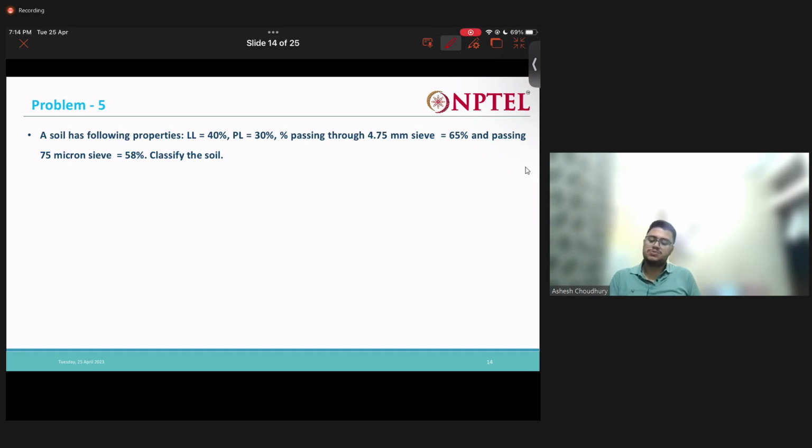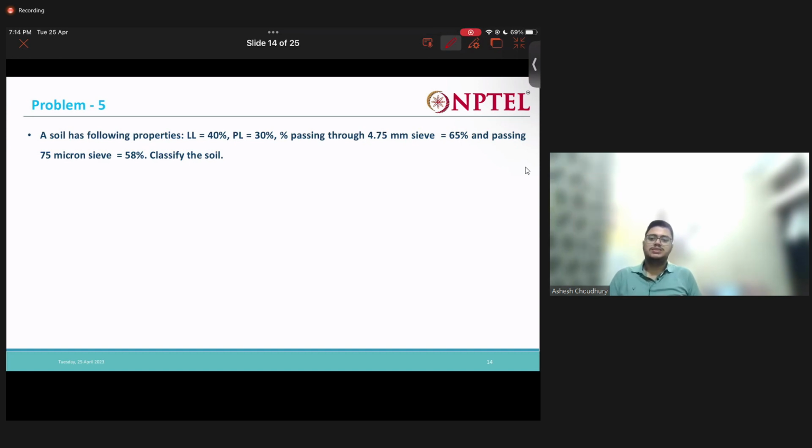If the size is more than 4.75 mm, then it's gravel. Between 4.75 mm and 75 micron is our sand fraction, and less than 75 micron is our clay fraction, right? We studied the Indian Standard soil classification system and saw how we can classify any type of soil.